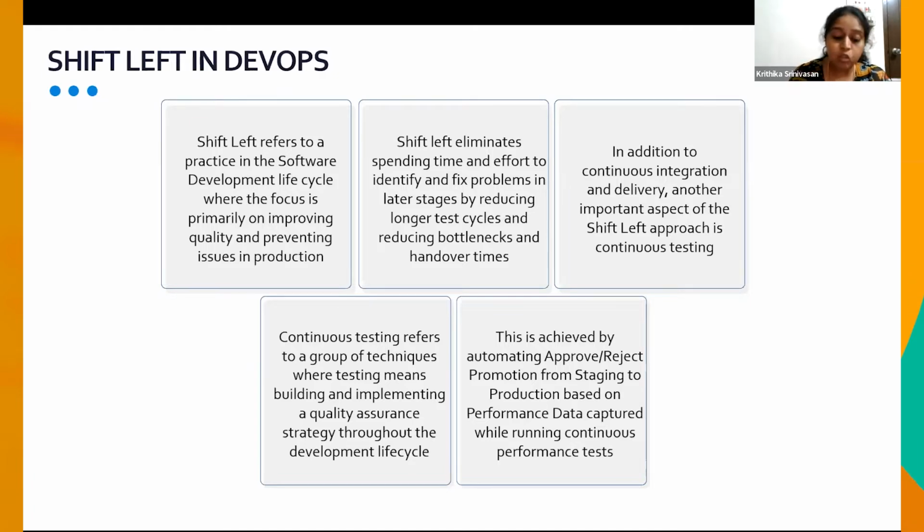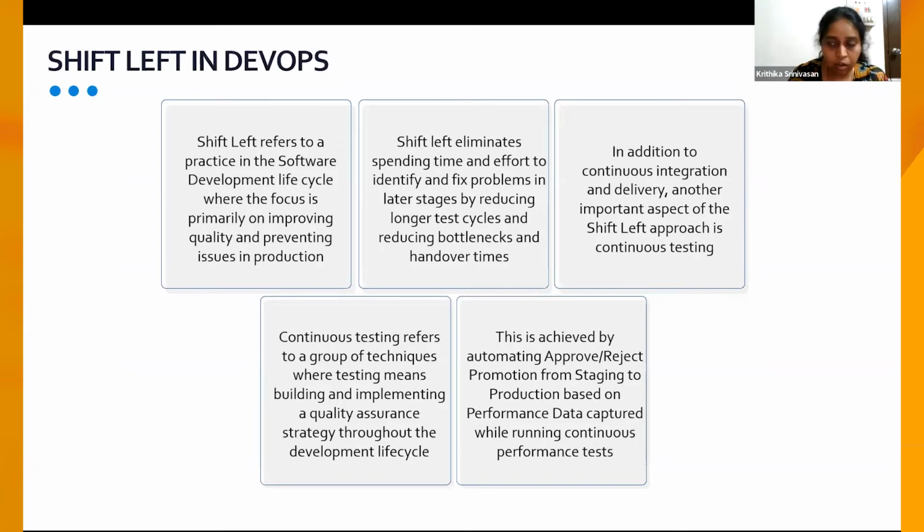This applies to both the application code and also infrastructure code. So any bugs, any issues, any threats are identified and fixed at the start of the life cycle or at every stage of the life cycle, rather than being identified at the end, where the application is already in production. This reduces the time and effort, since we're identifying and fixing problems early.